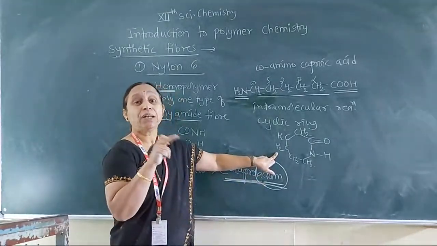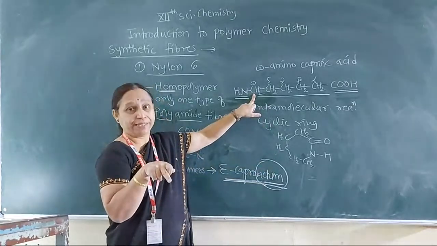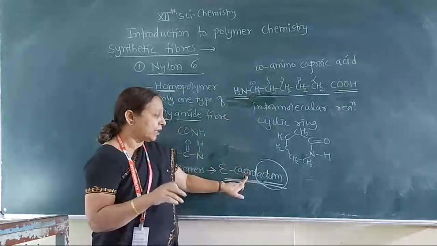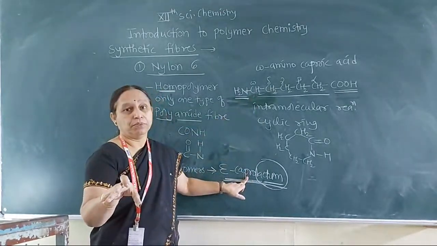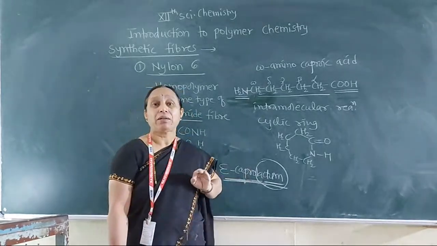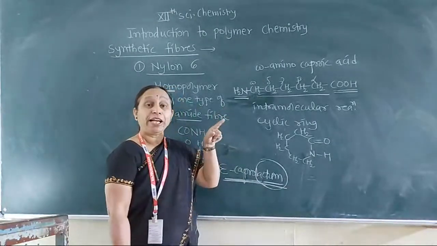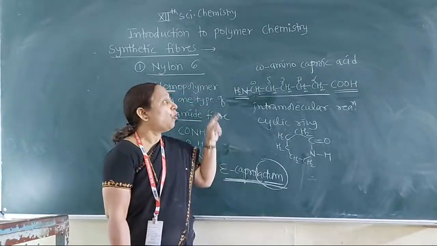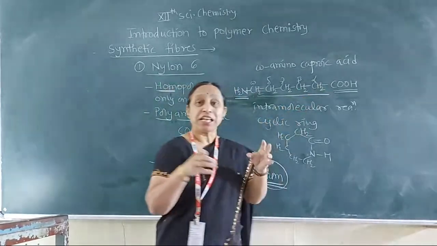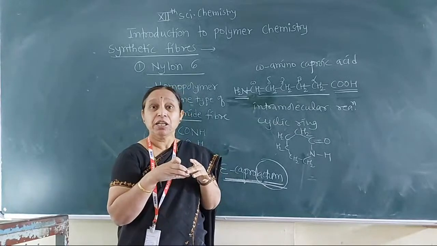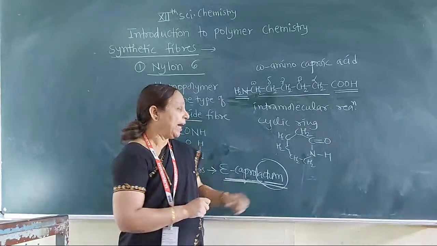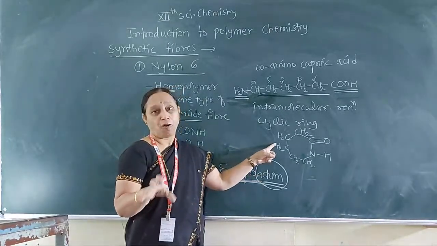This lactam is obtained from caproic acid, omega amino caproic acid, and thus the name caprolactam. The raw material of nylon 6 is caprolactam, as it is obtained from omega amino caproic acid. These two functional groups react with each other intramolecularly, and thus the lactam is formed.